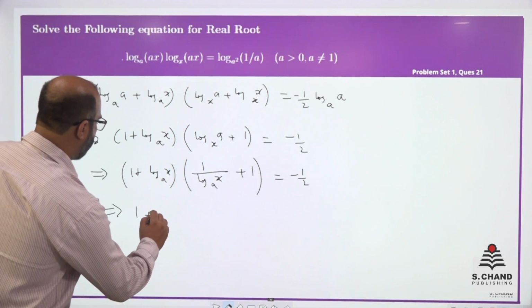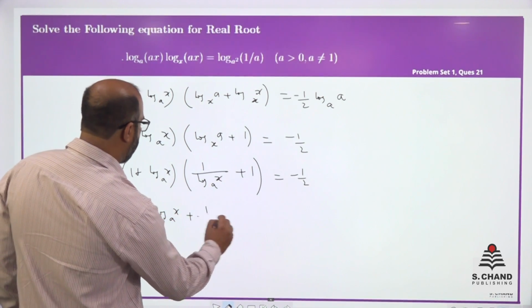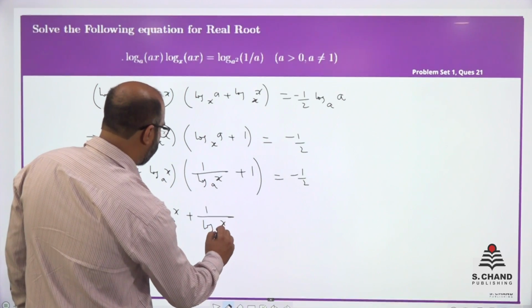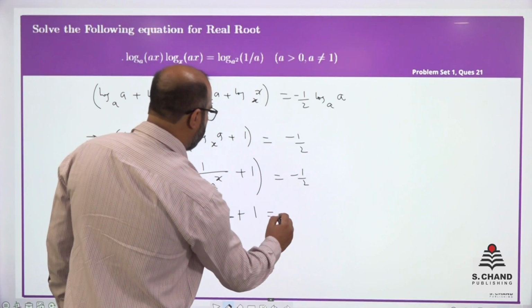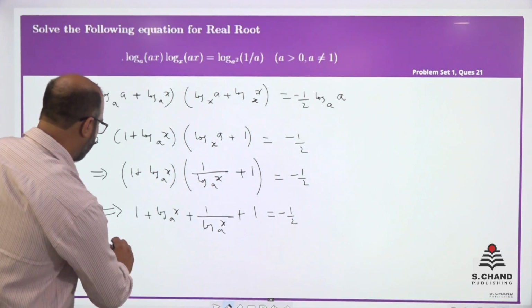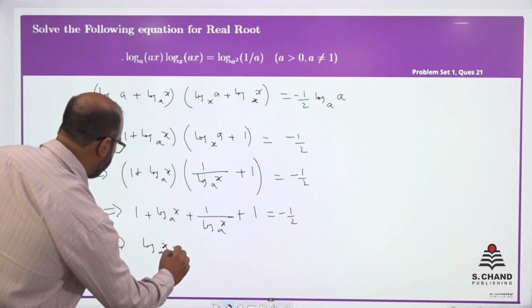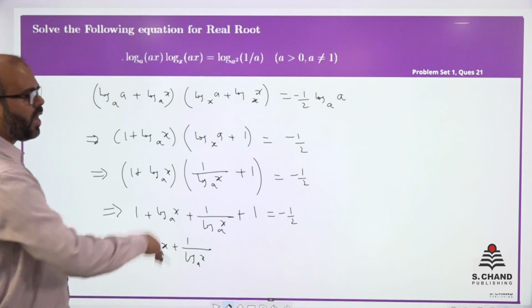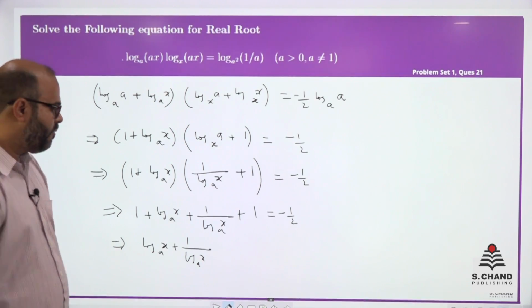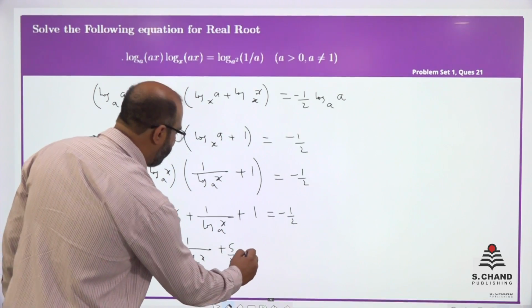So 1 plus log x to the base a plus 1 by log x to the base a, then when they multiply, it will get cancelled, and plus 1 is equal to minus 1 by 2. So this will become log x to the base a plus 1 by log x to the base a plus 2 plus half. So that will become 5 by 2, 5 by 2 is equal to 0.